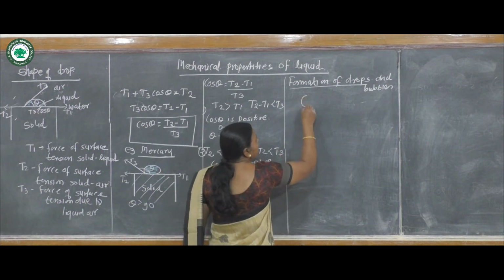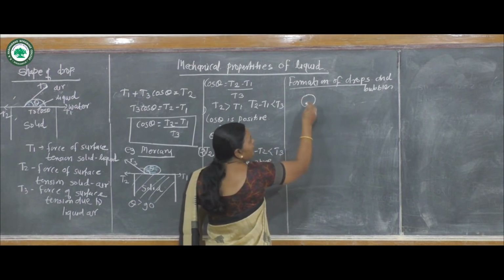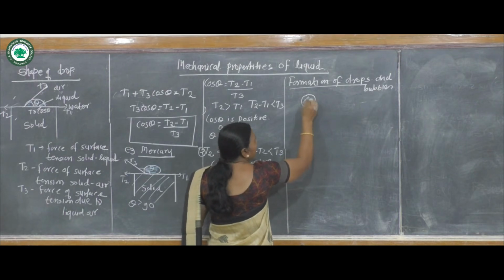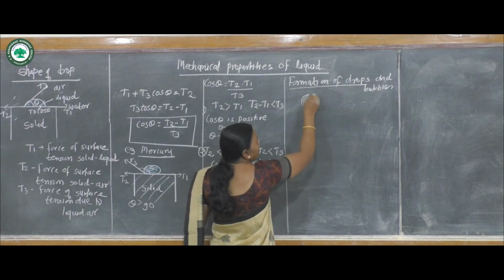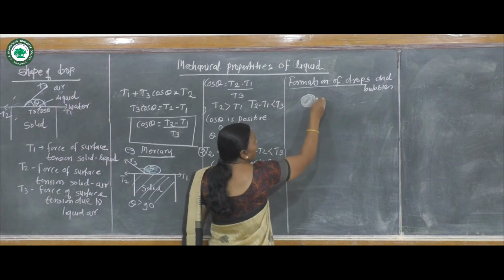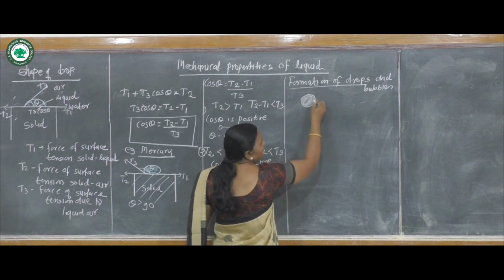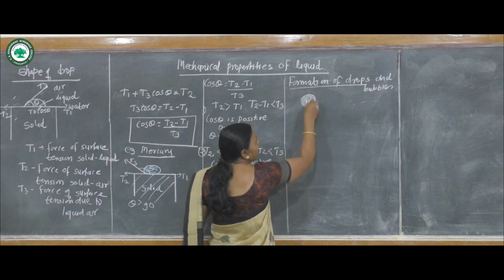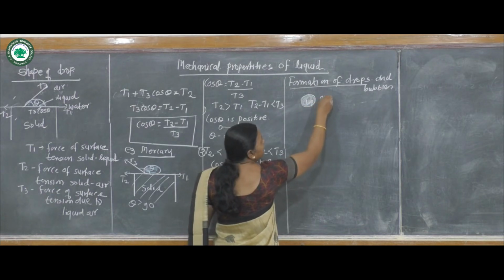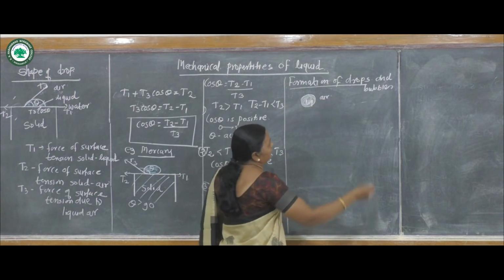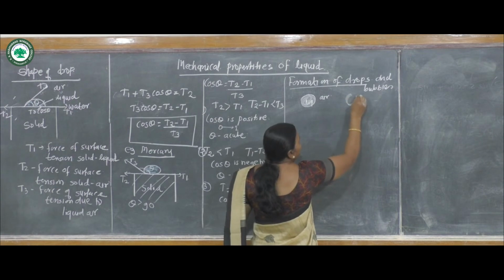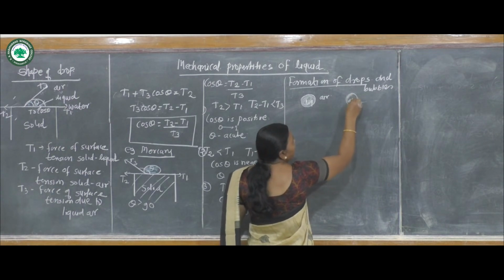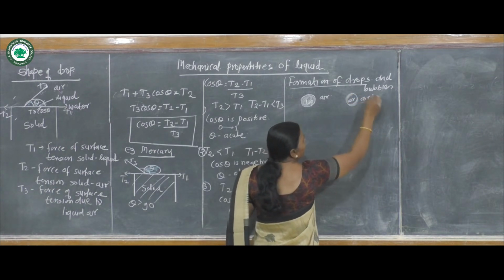Suppose this is a drop. Here is a liquid drop, and drop means there is liquid inside this drop, and outside is air. Now in case of a bubble, there is air inside and outside is also air.